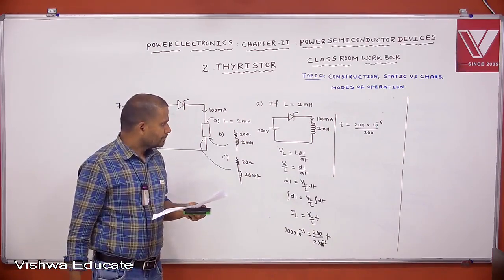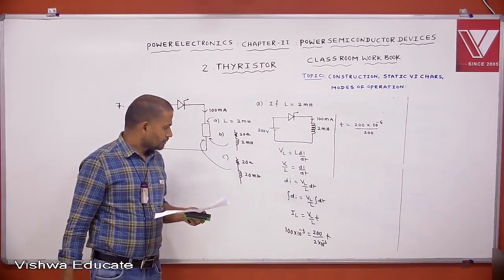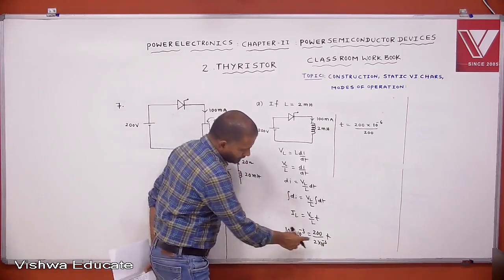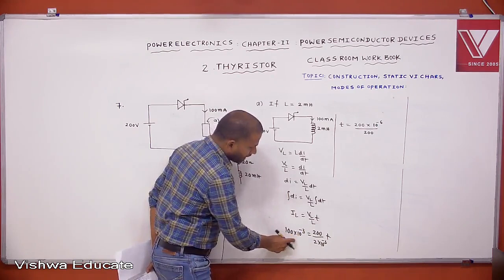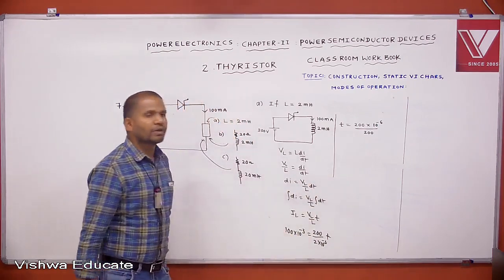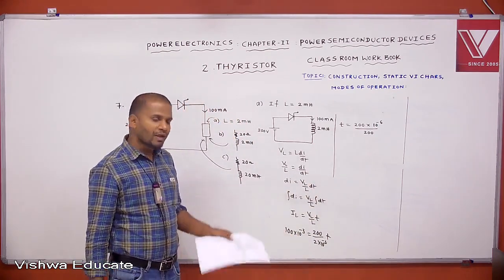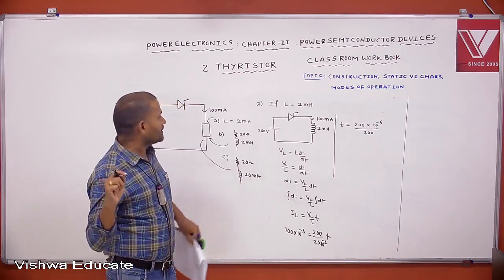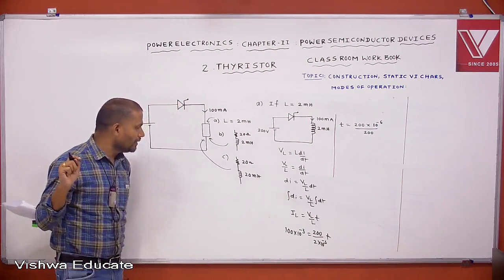From this, you can calculate T. That is the minimum gate pulse width required for reliable turn on of the SCR.